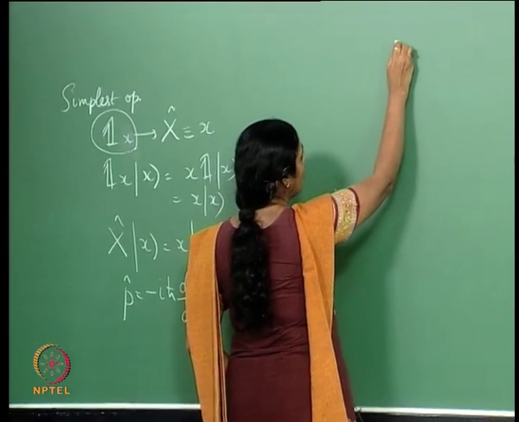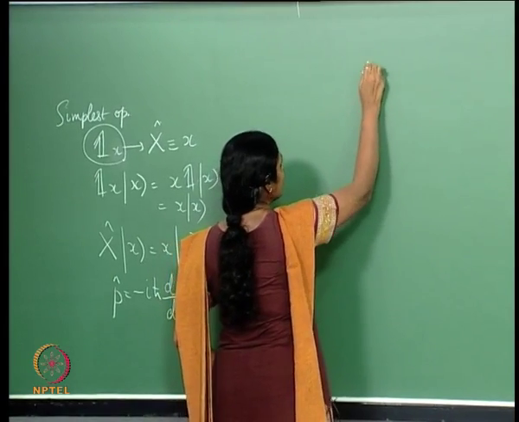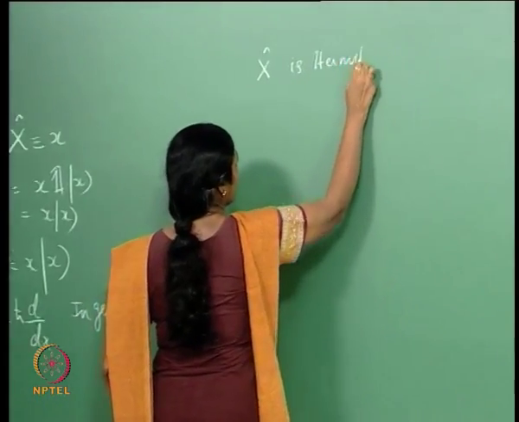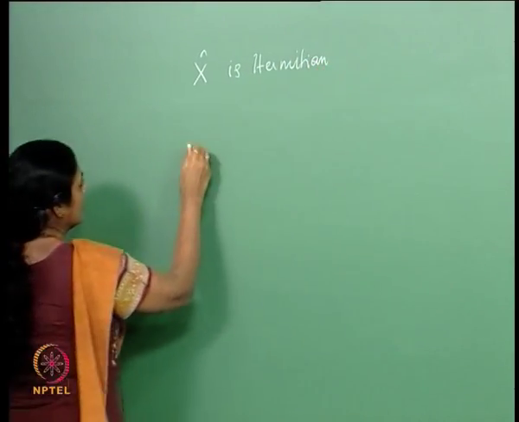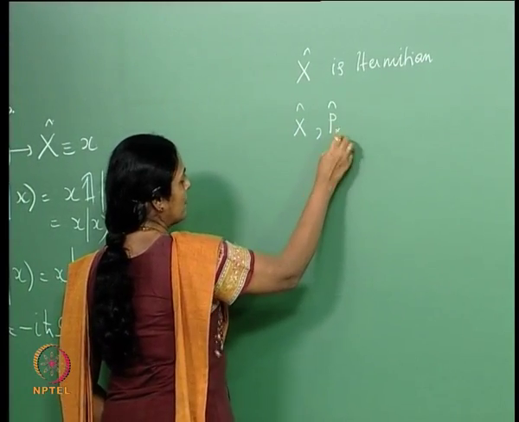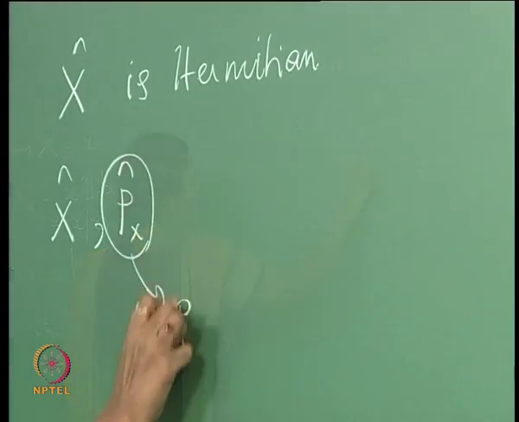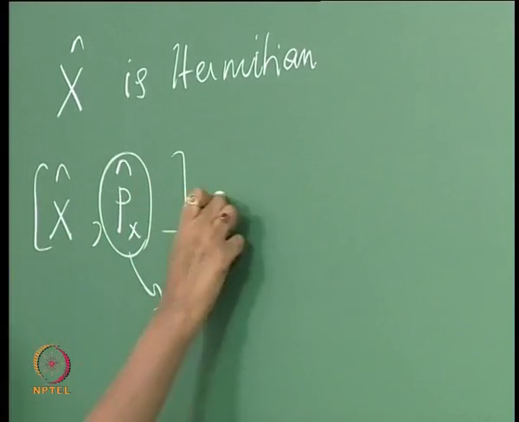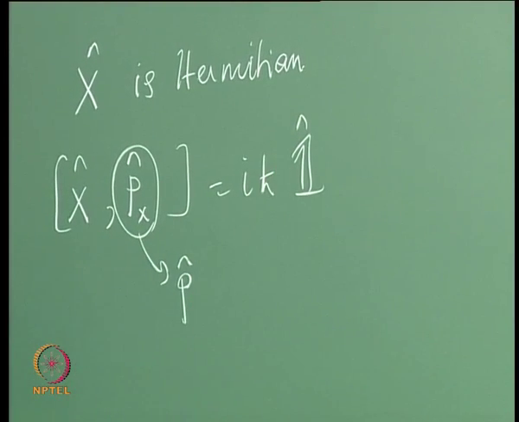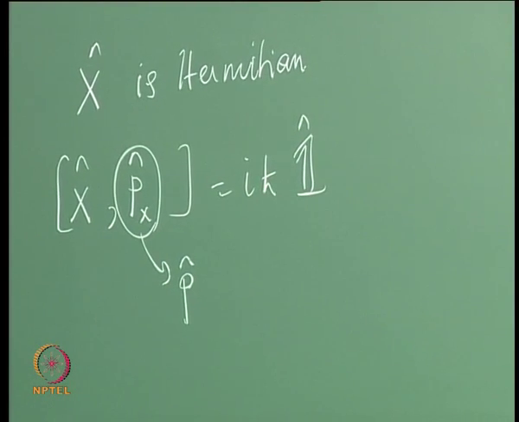Now let us look at the commutator. Now x is Hermitian because it is essentially the identity operator, and I have the commutator of x and p sub x. I am going to just denote this by p for the moment, is i h cross times the identity operator, and that is Hermitian. The identity operator is Hermitian.